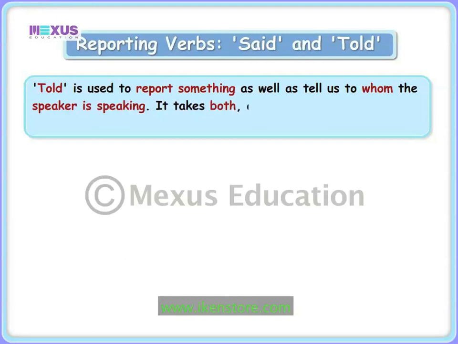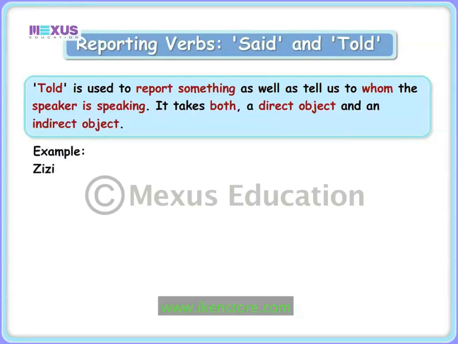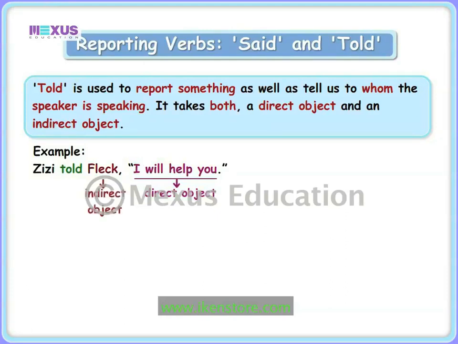It takes both a direct object and an indirect object. Look at the following example. Zizi told Fleck, "I will help you." The reporting verb told takes a direct object, the quote. It also takes an indirect object, Fleck.